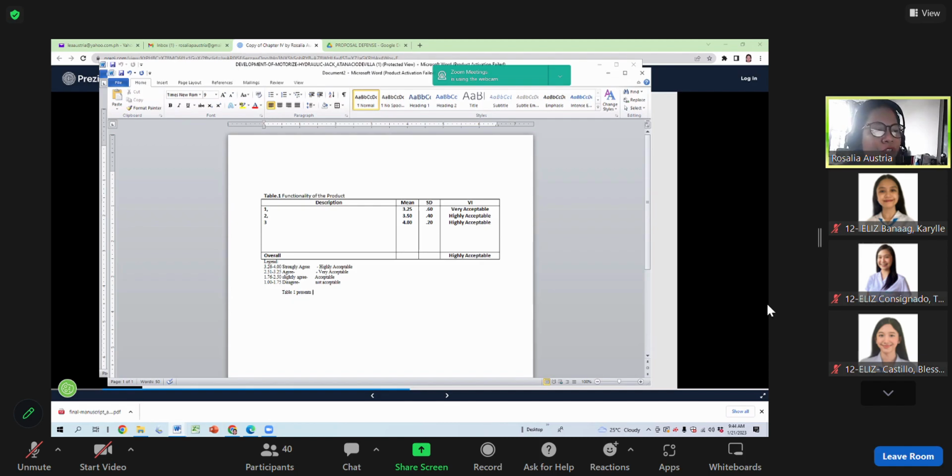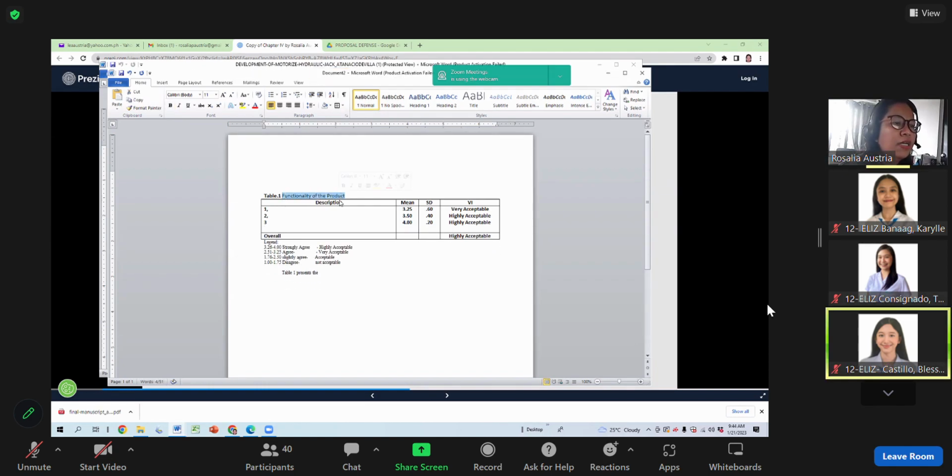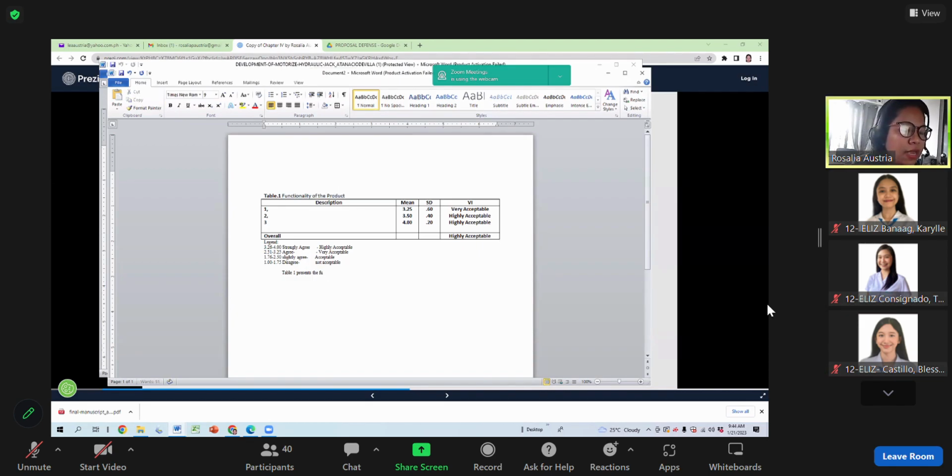So, ilalagay nyo po dyan, table 1 presents the, ano ang title? What's the title of our table? Functionality of the product. Well done. Ayan. So, table 1 presents the functionality of the product or prototype.